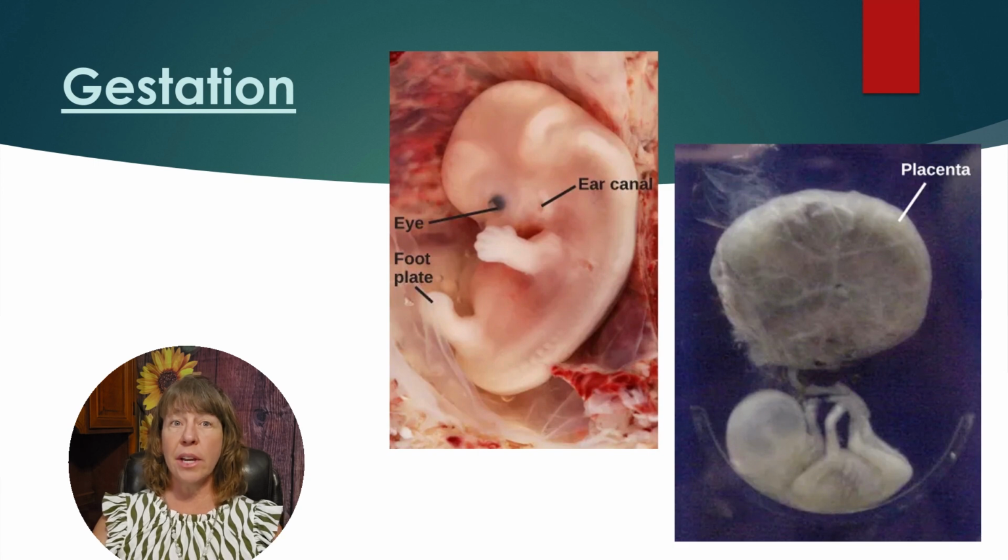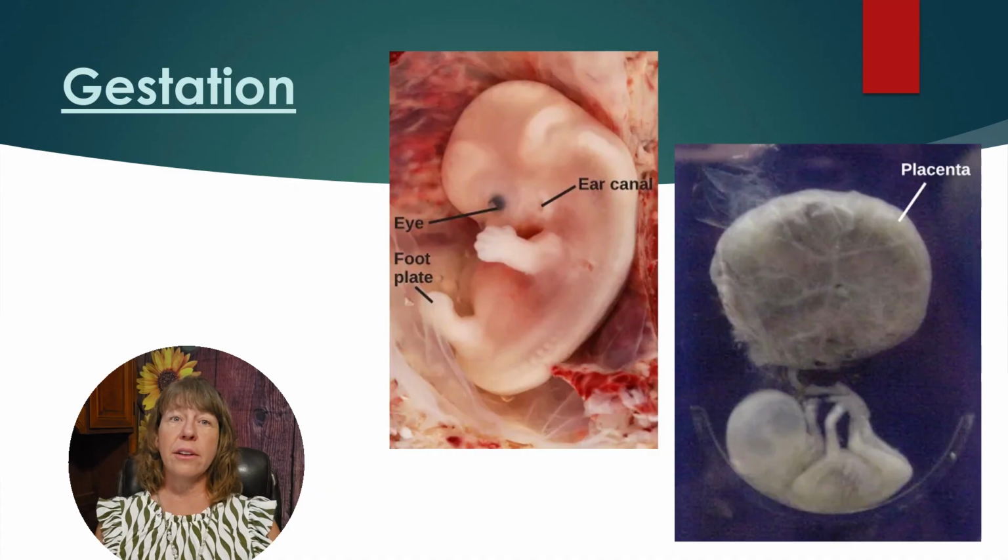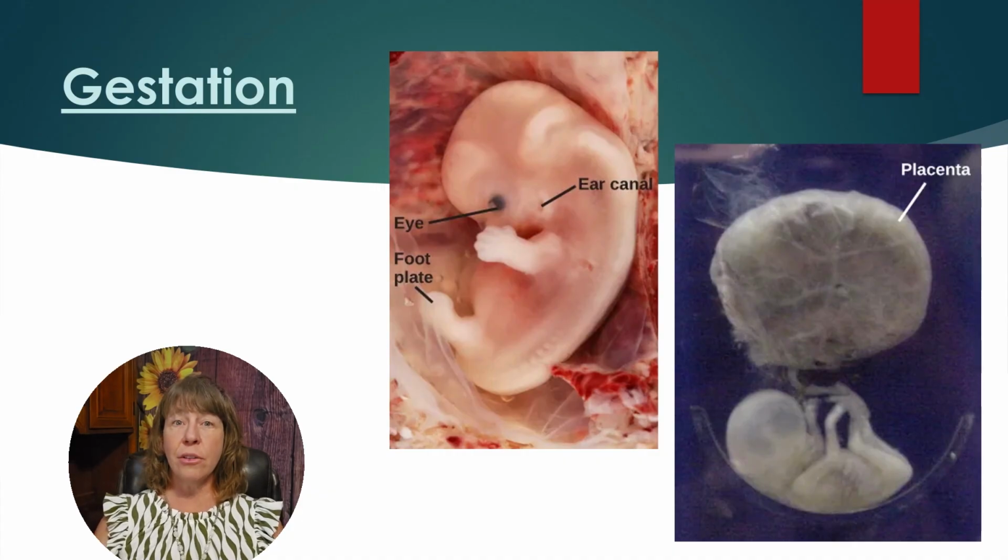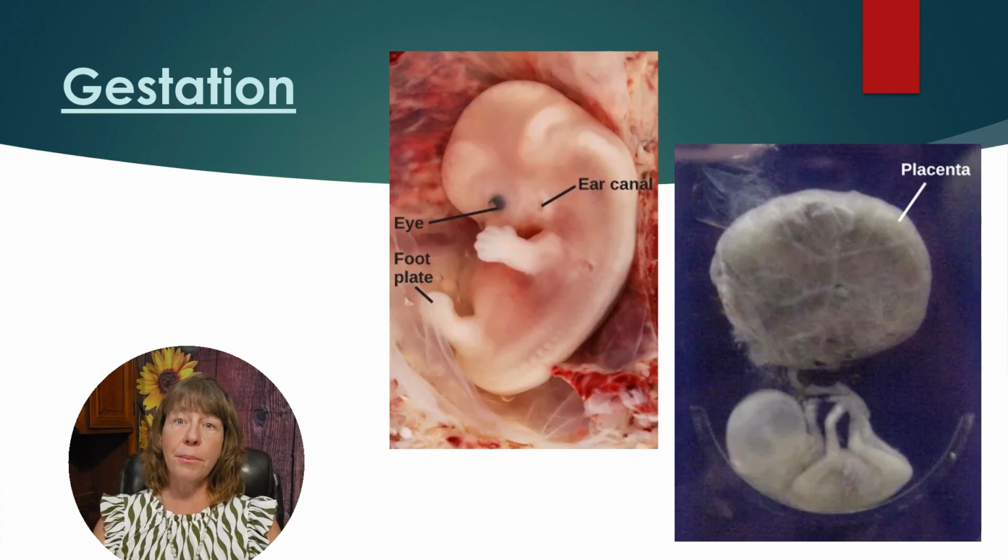Now, labor is initiated through estrogen, which increases the uterine sensitivity to oxytocin. As the baby positions its head down, its head starts stretching the cervix, and then that signals a triggering of the oxytocin release from the posterior pituitary.